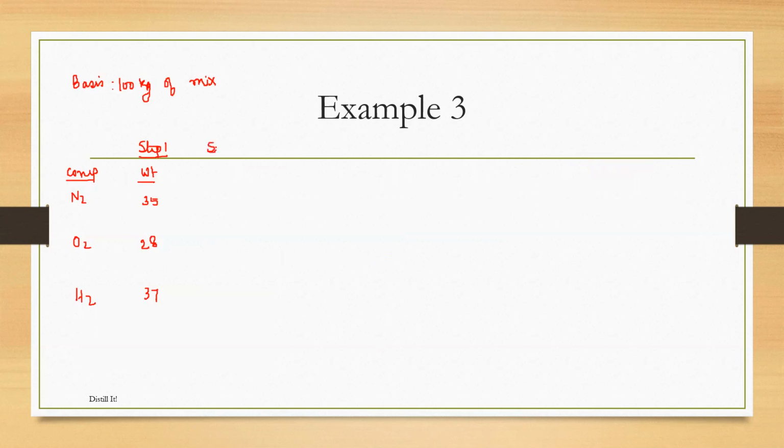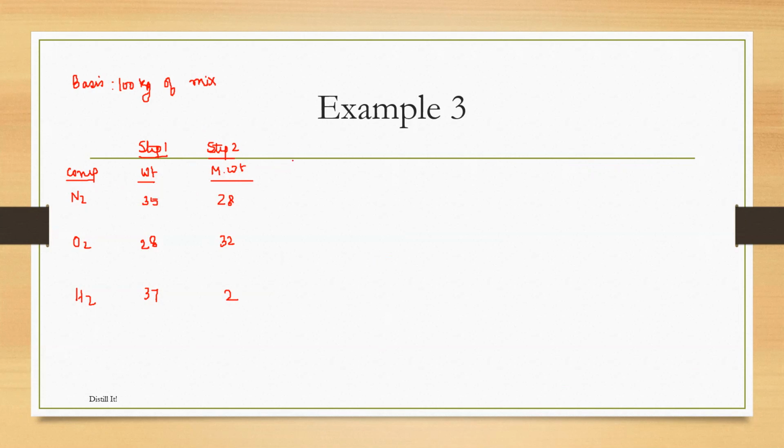Once we have step one, our step two is to get the molecular weight of each component. The molecular weight of nitrogen is 28, oxygen is 32, and hydrogen is 2 kg per kilomole.